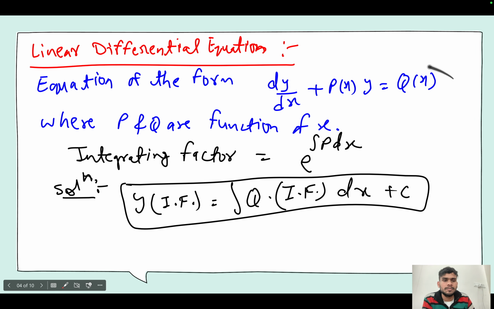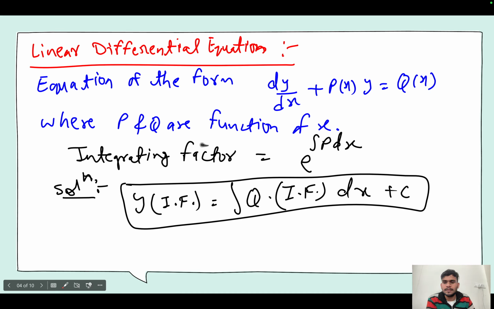Basically, an equation of this form is called a linear differential equation, where P and Q are functions of x. To solve it, we find the integrating factor, that is e to the power integration of P dx.